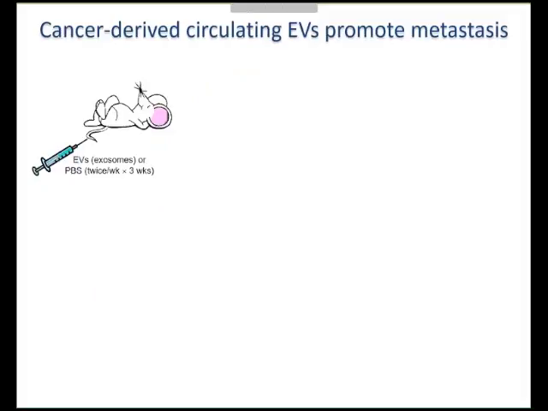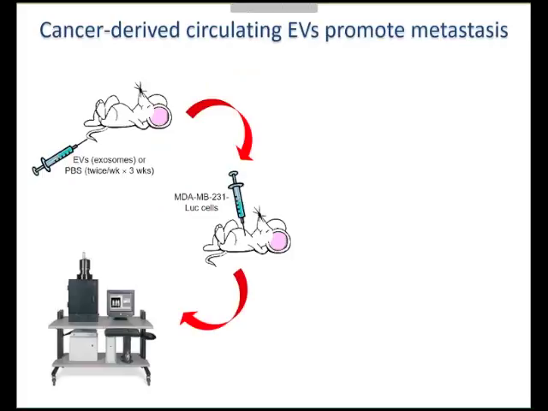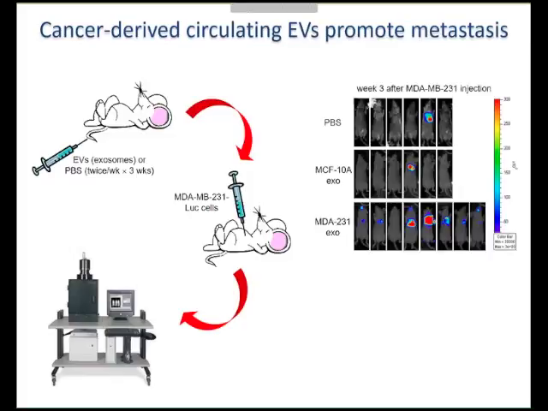After 6 injections, we challenged the mice by intracardiac injection of luciferase-labeled breast cancer cells, and we monitored the development of metastasis. This is a frequently used model to study metastasis with a focus on the later steps after dissemination of cancer cells into the blood, because that's what the intracardiac injection of cancer cells mimics exactly.